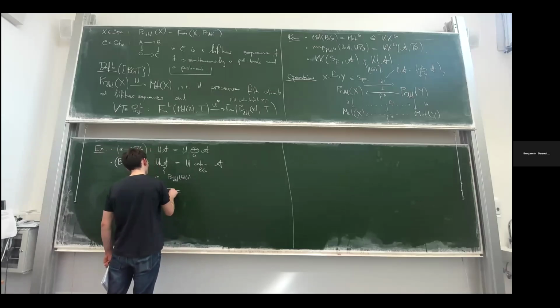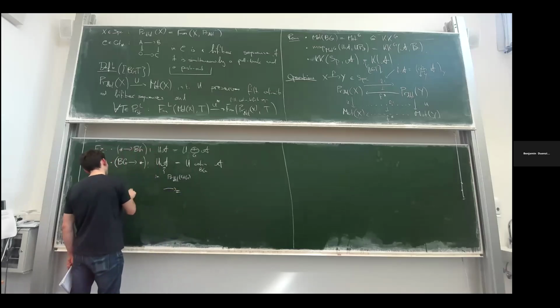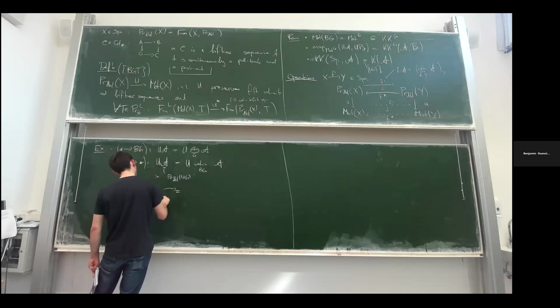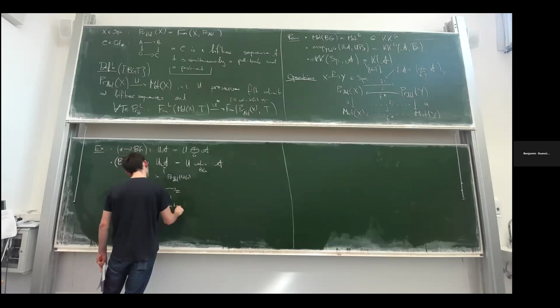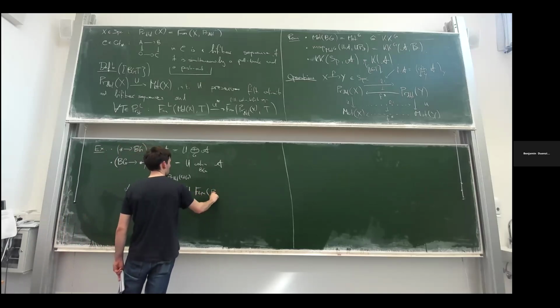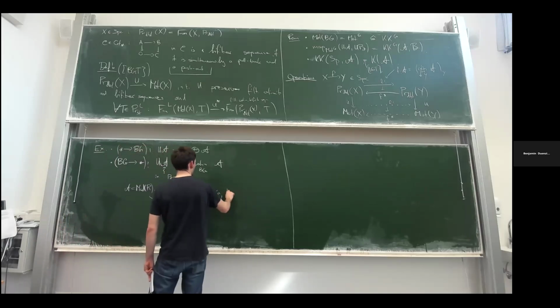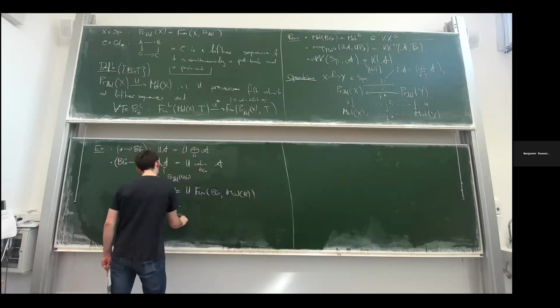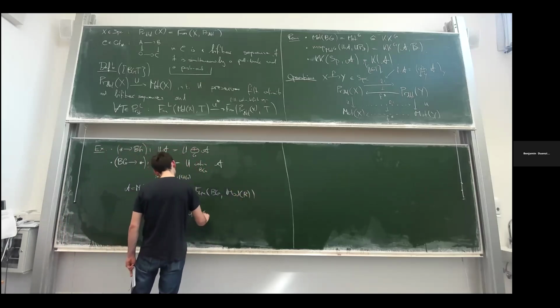But in the most explicit case, where we take A to be Mod R with trivial G action, we can compute this as U of functors from BG to Mod R, which is the same thing as U of the group ring.